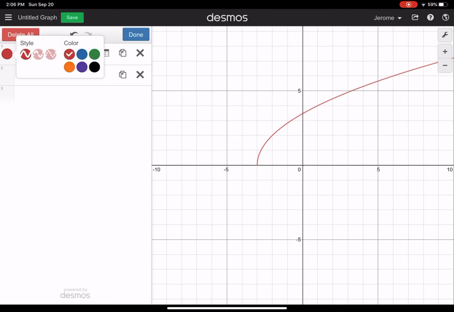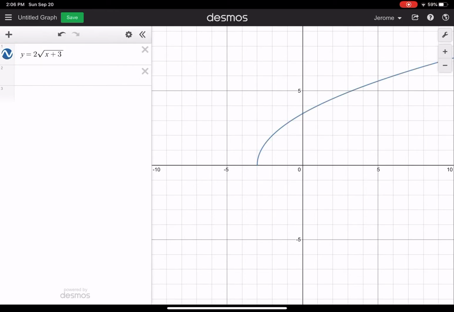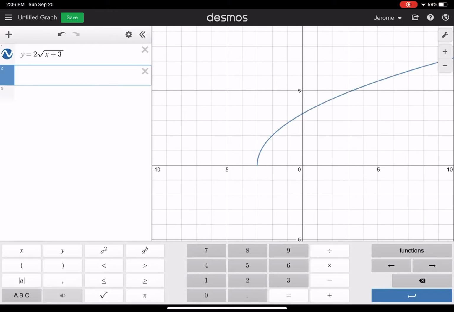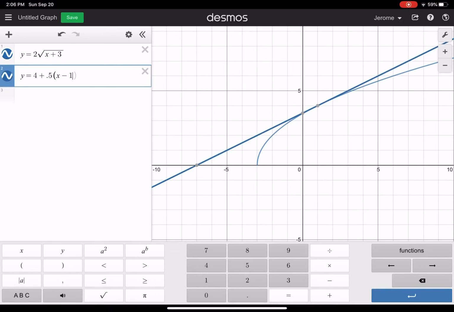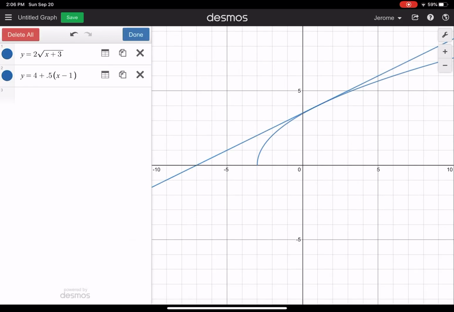All right, we'll make it blue. Done. And on the second one, we'll type in our tangent line, which was y equals 4 plus a half, parentheses x minus 1. Oh, and the tangent line came up as blue. That's not official. That'll have to change. Oh, and let's make it dotted too.